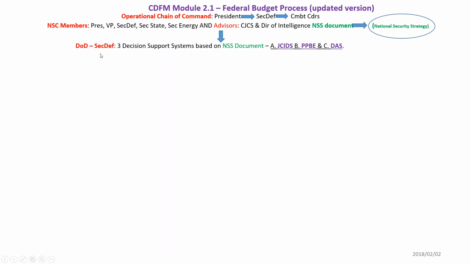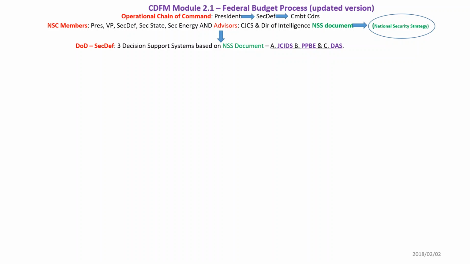So the DoD, or the Secretary of Defense, utilizes three systems to do that budget process, to make sure that things are funded, things are resourced in a timely manner so that when they are needed, we have them in place.